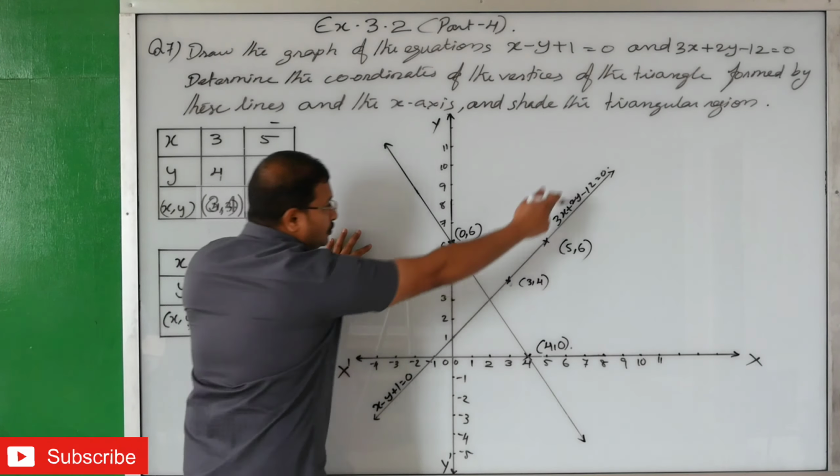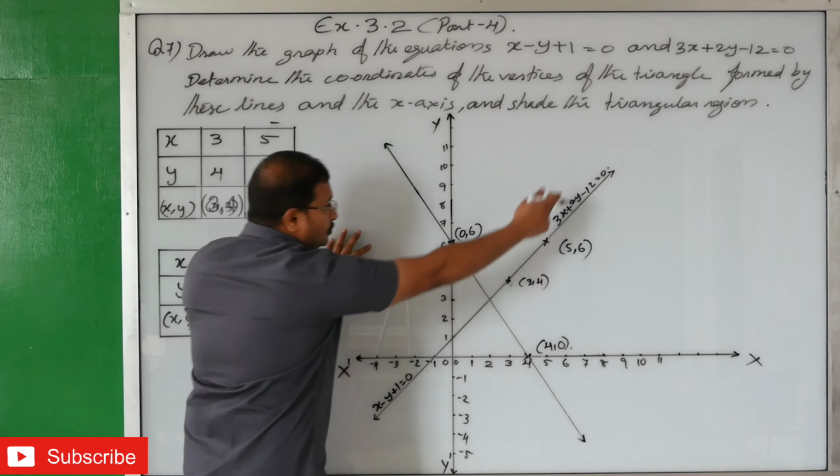Ready? After this, what do you want? We want to find the vertices. See, this joining place, what will be here? X is 2, y is 3. That means 2, 3. This point. Here, this vertex is 4, 0. This vertex is x equals minus 1, y equals 0. So, this point is minus 1, 0, because on the x-axis means y equals 0.